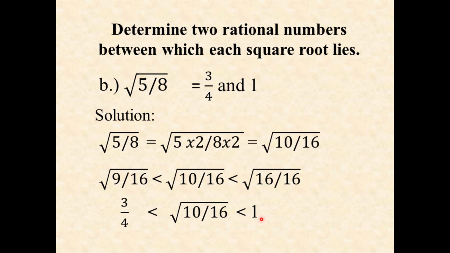So, therefore, square root of 5 over 8 lies between 3/4 and 1. Alright? So, it's a little difficult, guys, if our radicand is a fraction. Okay? So, you need to practice this one. Right?